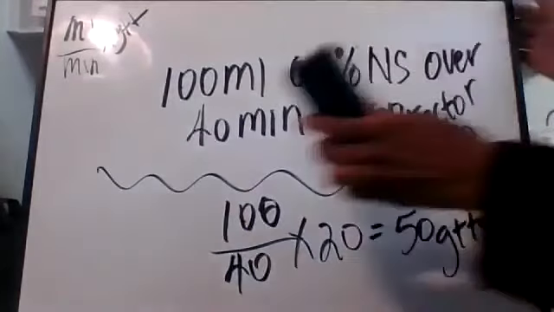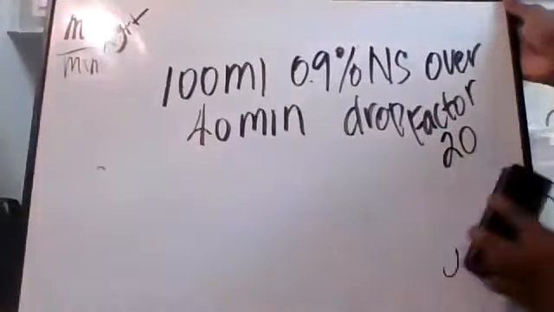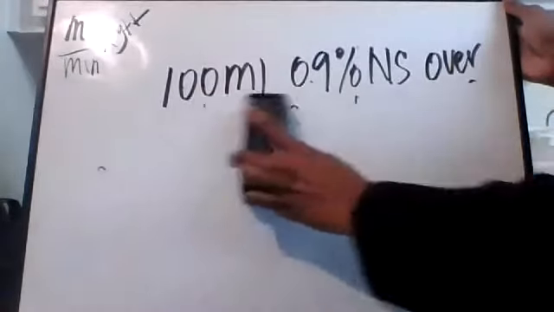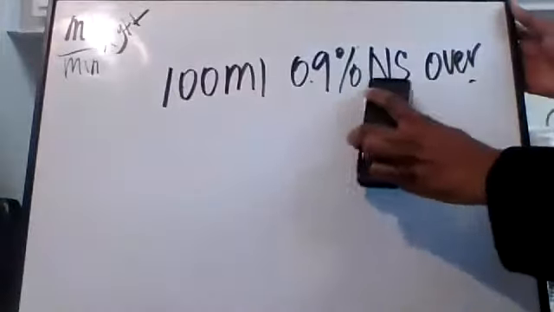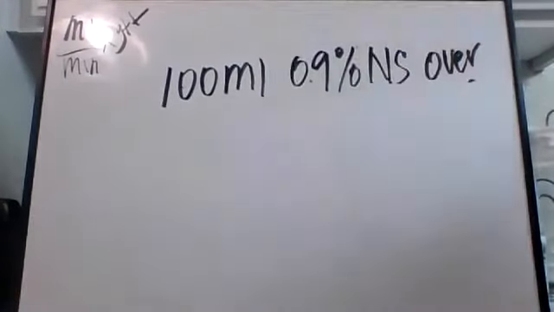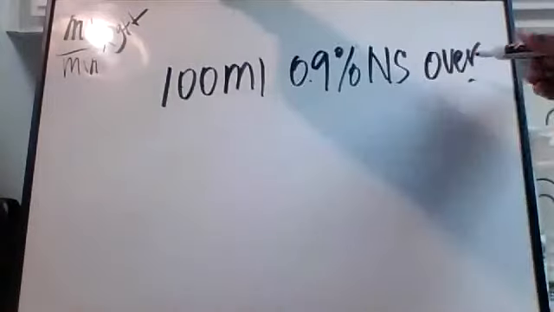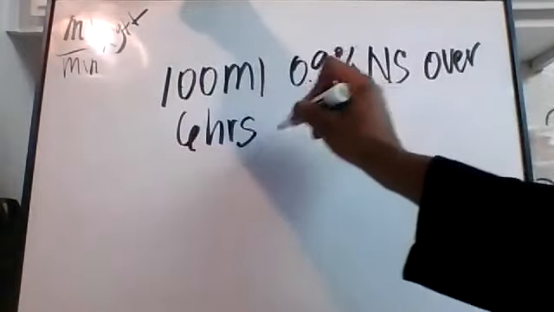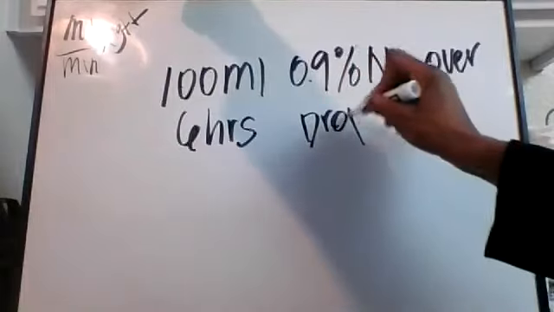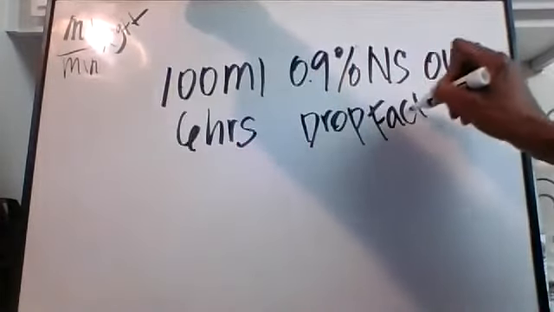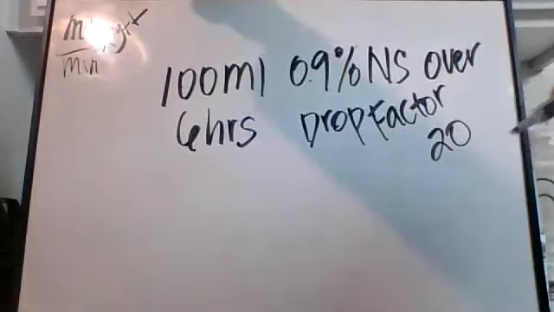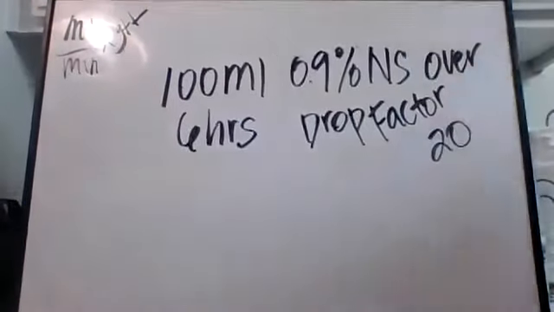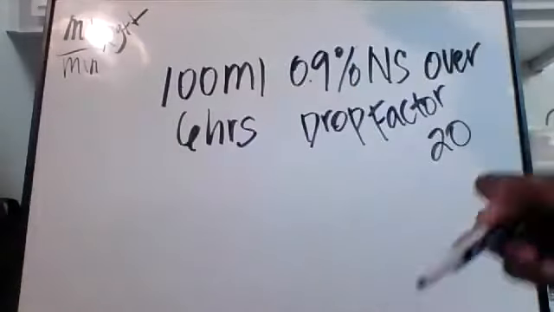Now, if you were to have one where it's giving you the hours. Same problem, 100 milliliters of normal saline over, let's say, 6 hours. Okay, drop factor is 20. Okay, so now with this one, it's the same scenario, right? The only thing you have to do is convert these hours to minutes.